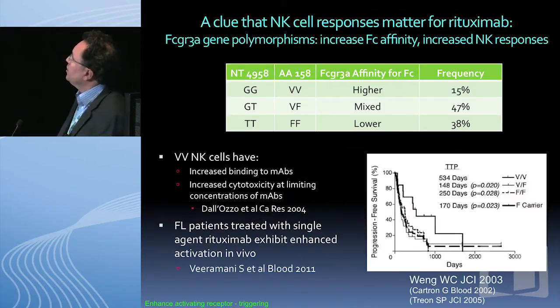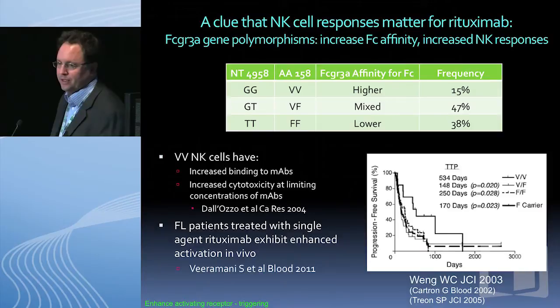So getting back to rituximab, I think one of the first clues that ADCC was important in the context of rituximab was looking at Fc gamma receptor polymorphisms. I won't go into this in too much detail because it has been well described in the literature over the last 10 years, but individuals are found that have polymorphisms in this gene that result in higher affinity for antibody.